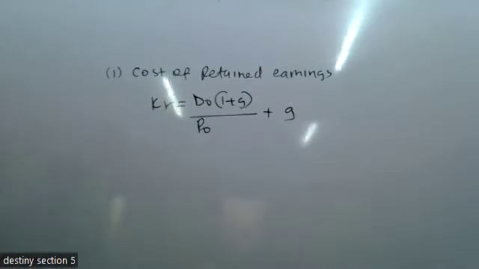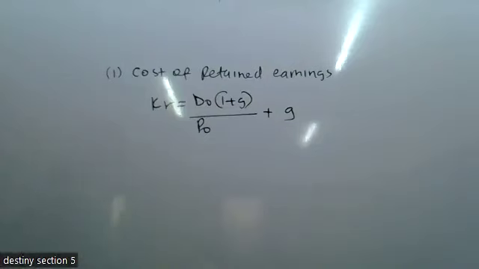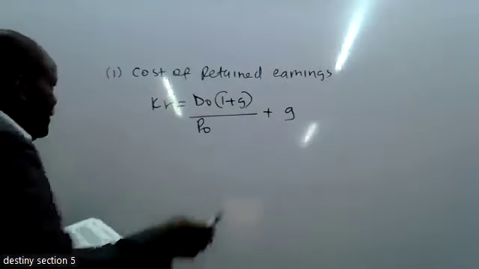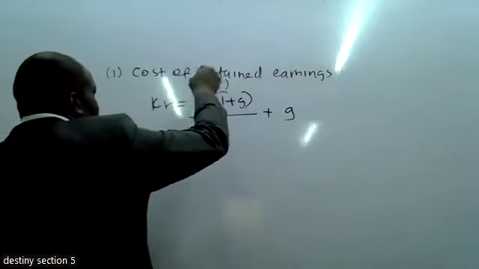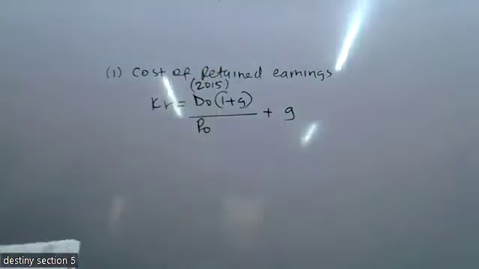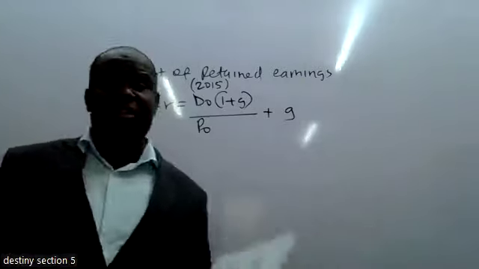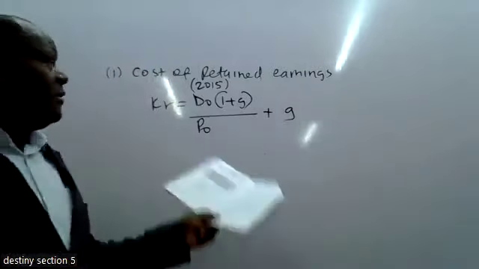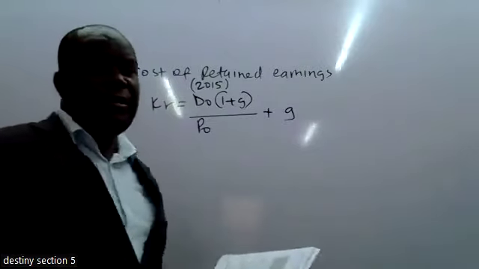plus g. Then, if you recall, we say that D0 is the last dividend that was paid. The last dividend was paid in the year 2015. Remember, I said the D0 for calculating g is not the same as the D0 for calculating the cost of capital.